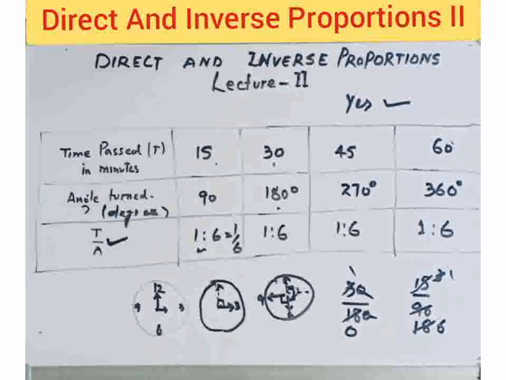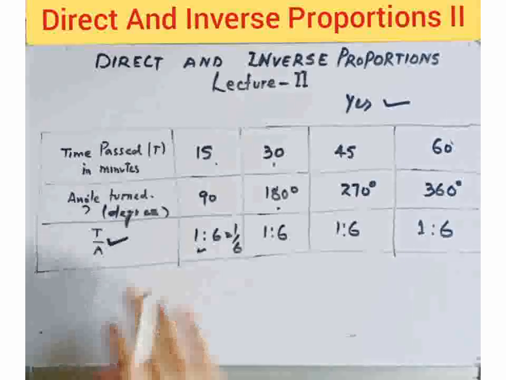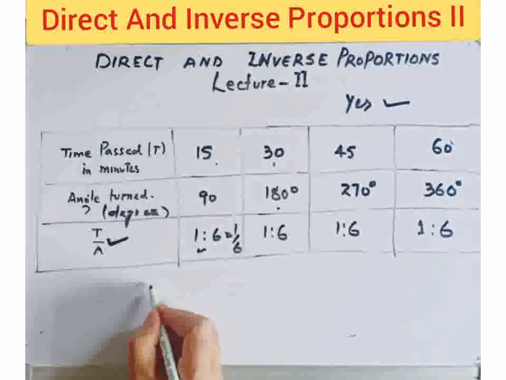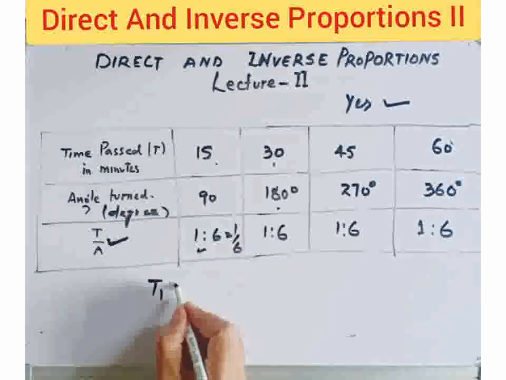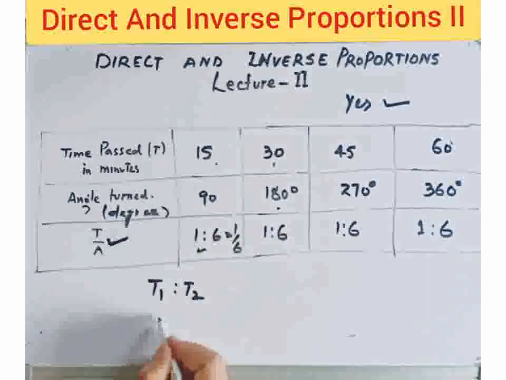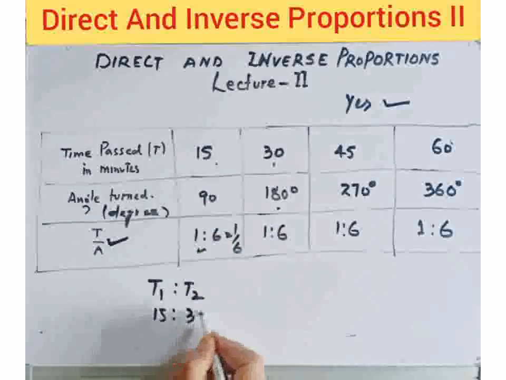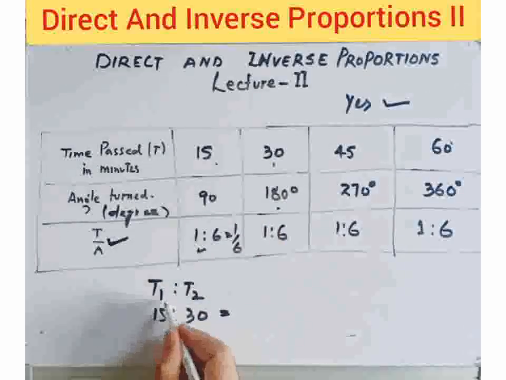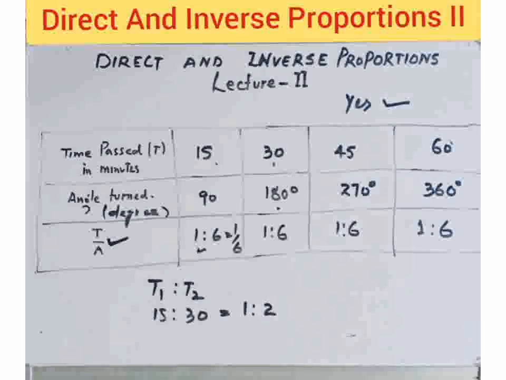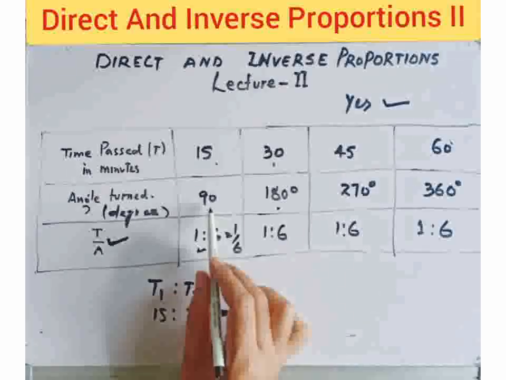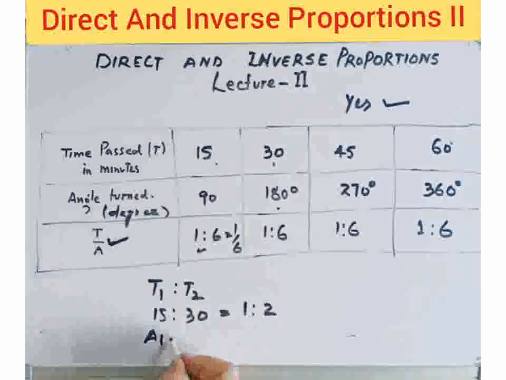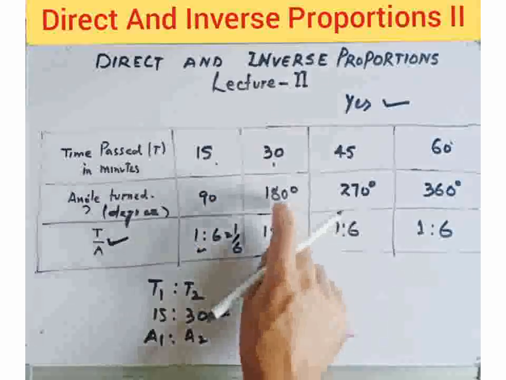From this table we can observe one more thing. For example, T1 is to T2, means 15 is to 30. T1 is 15, T2 is 30. That will be equal to 1 is to 2, as 15 ones are 15, twos are 30. And what about A1, 90, is to A2, that means 180?